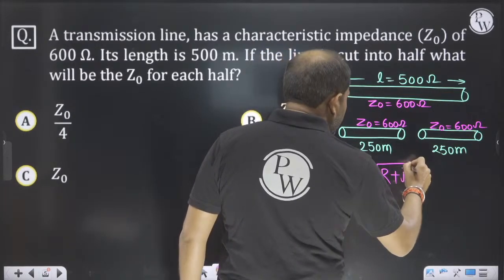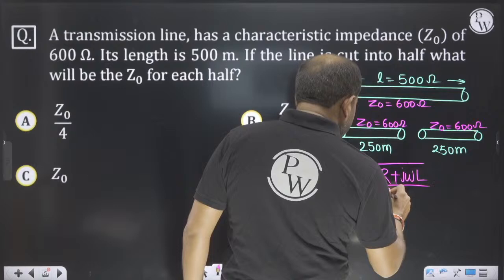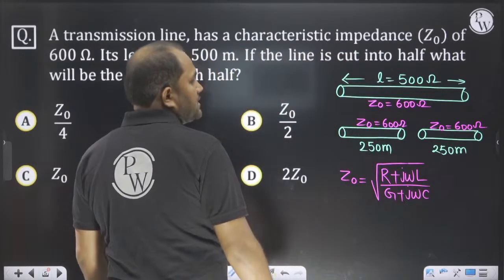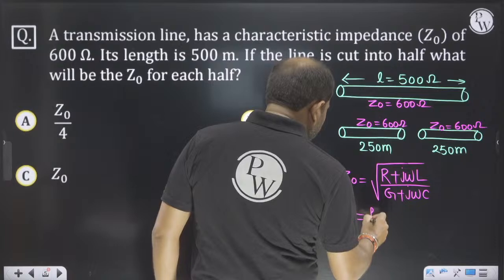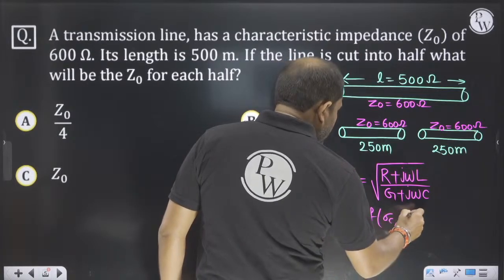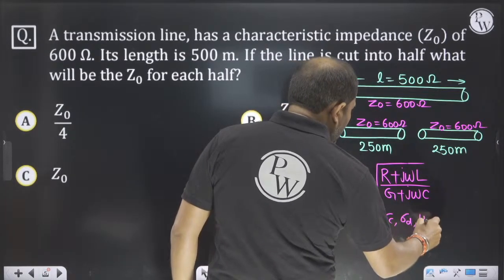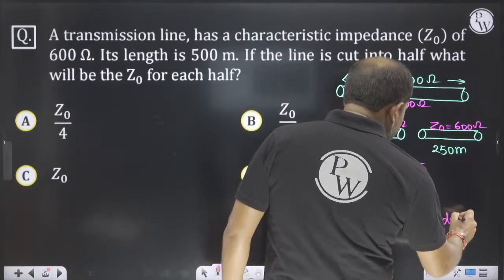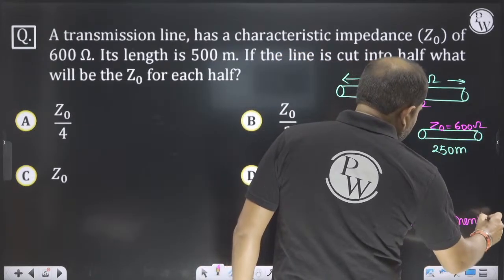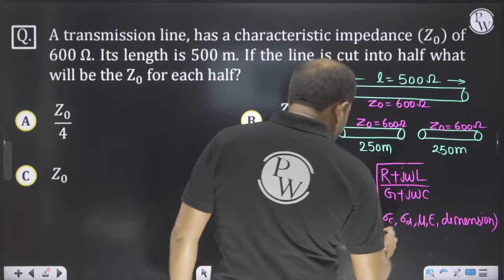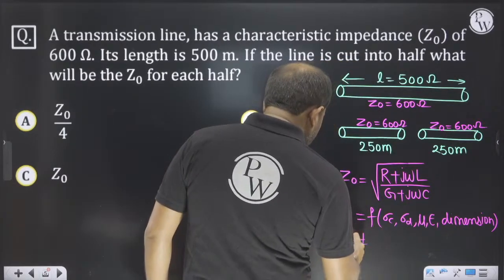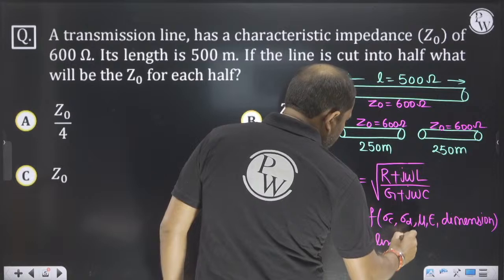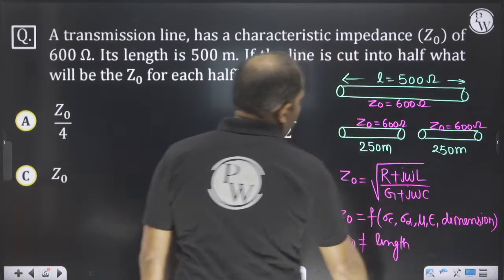Z0 depends upon the shape and the medium. It is a function of sigma c, sigma d, mu, epsilon and dimension, so that it is dependent. But Z0 does not depend upon length.